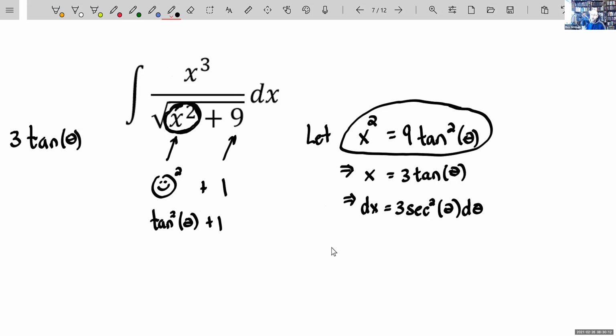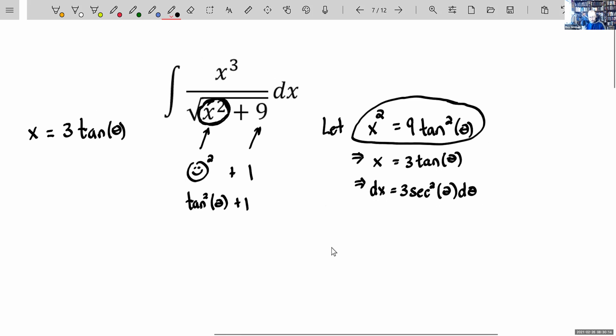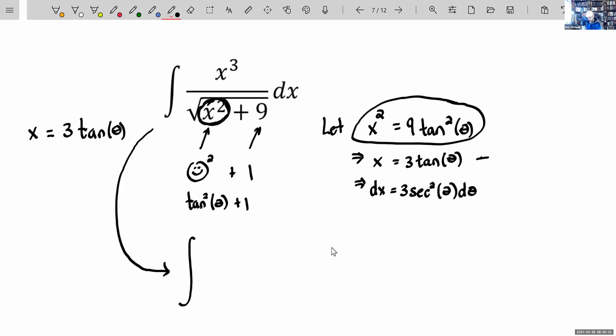And now we'll go ahead and plug everything in. So this integral is going to be x cubed. So I'll just look at this guy and cube it. That'll be a 27 tangent cubed of theta. The dx we traded out for a 3 secant squared of theta d theta.